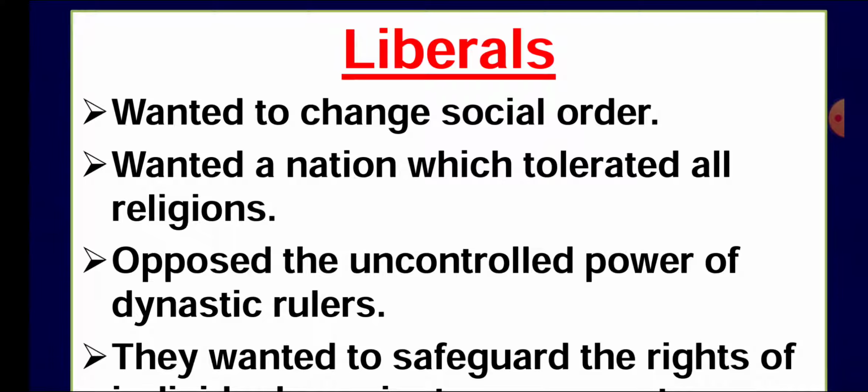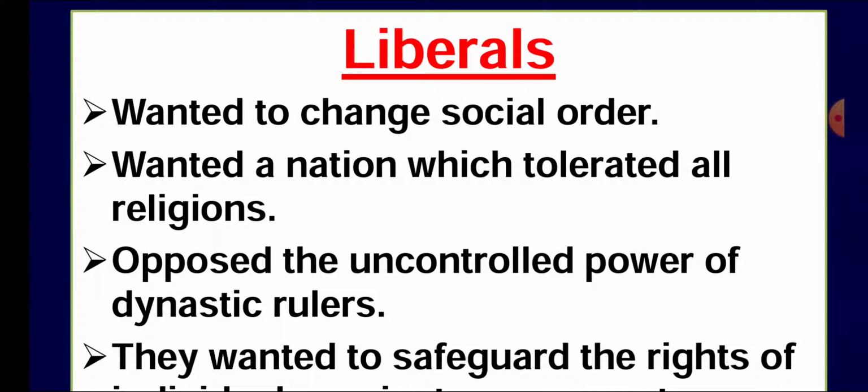I hope that now this monarchy terminology is clear to you. They wanted a nation which tolerated all religions, meaning a secular state. These liberals opposed the uncontrolled power of dynastic rulers.